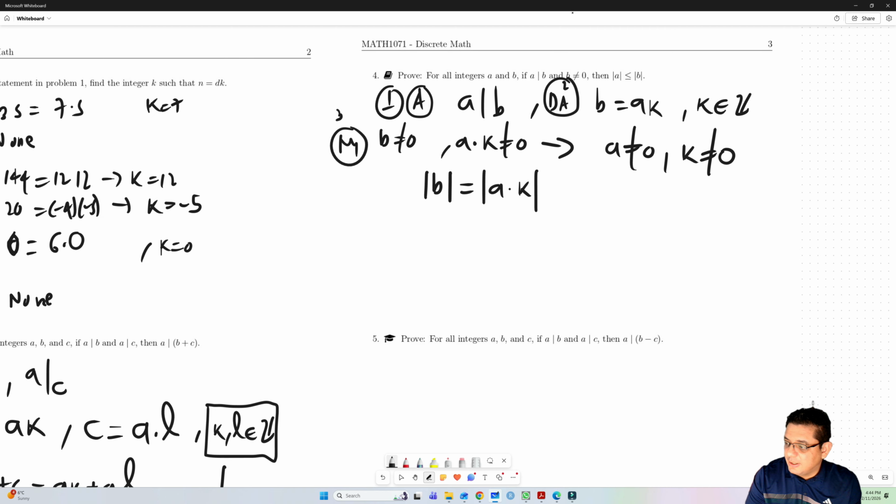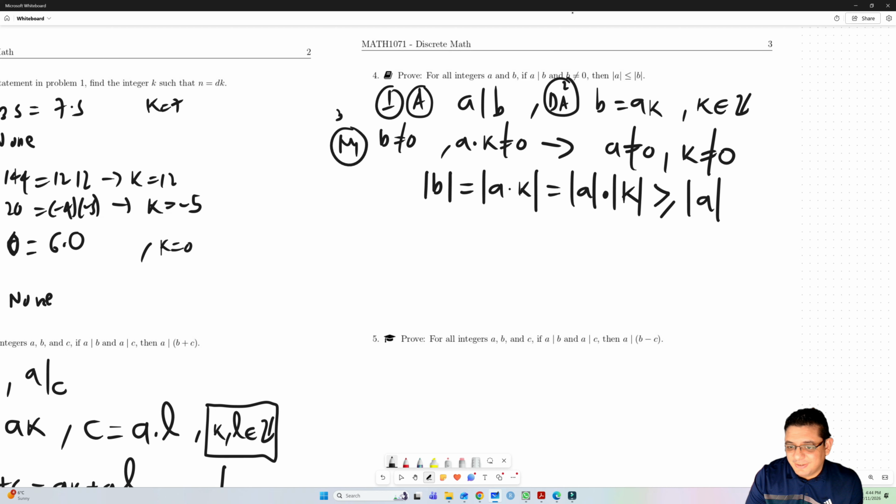Now, if we take absolute values on this equality, the absolute value of B equals the absolute value of A times K. And now I can separate this as the absolute value of A times the absolute value of K. But notice that the absolute value of A times the absolute value of K is going to be bigger than the absolute value of A. It already is the absolute value of A, but then we're multiplying by something.